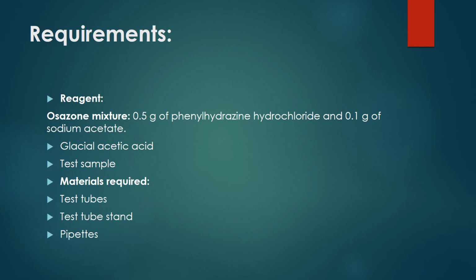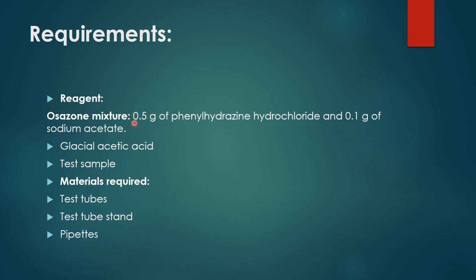Okay, so the requirements to do the test: first, the reagent. To prepare the reagent or osazone mixture, add 0.5 gram of phenylhydrazine hydrochloride and 0.1 gram of sodium acetate.